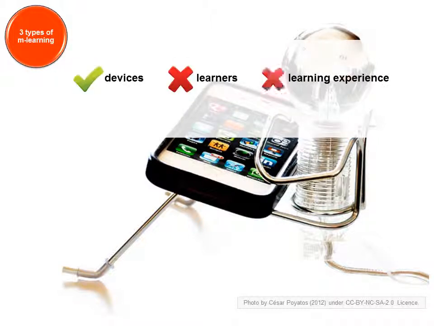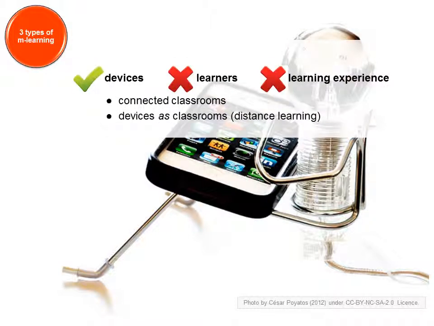First up, we have learning where the devices are mobile, indeed they're mobile by definition, but the learners and the learning experience are not. An obvious example here would be connected classrooms. More and more institutions, instead of upgrading hardwired computer labs, are choosing to buy in class sets of tablets.